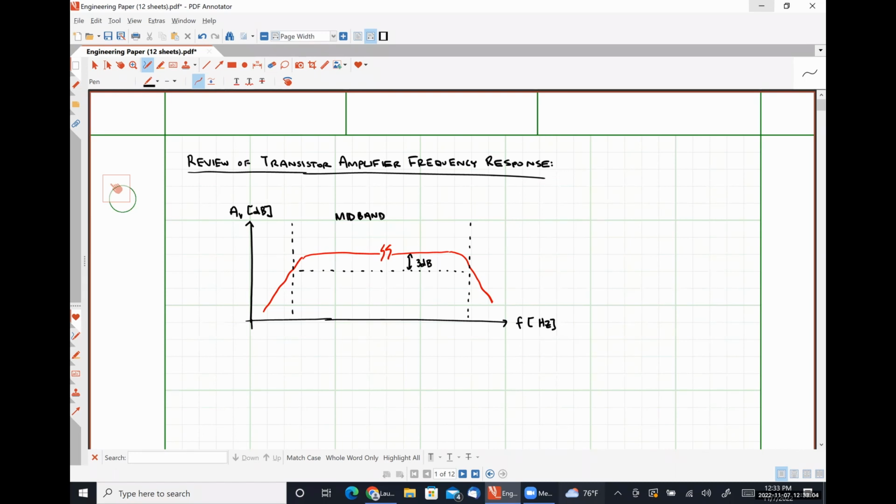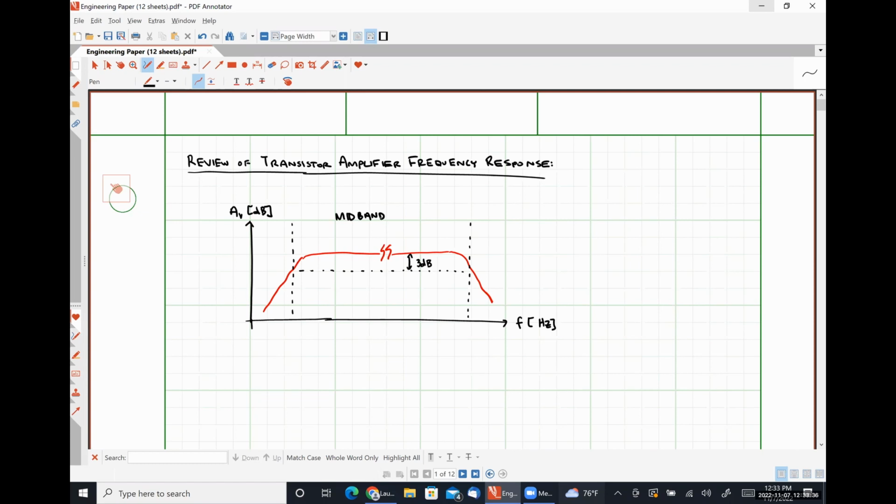And what we learned in 336 stated effectively that in the midband, our voltage gain has a constant value and all of our capacitors can effectively be neglected. So in the midband range of frequencies, all of our coupling capacitors that were used to bias our circuit look like short circuits, and all of our internal capacitances, junction capacitances and things like that that are inherent to our transistors look like open circuits.